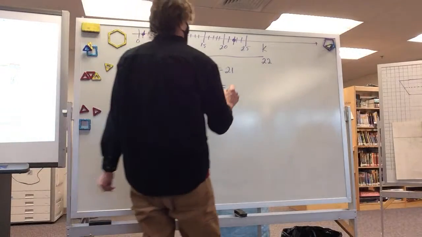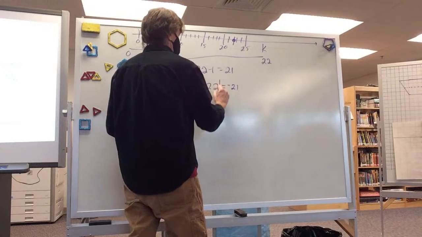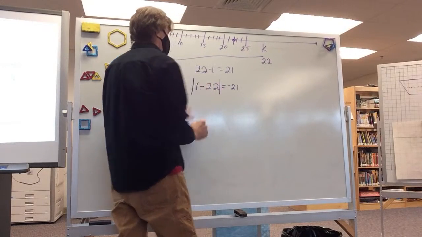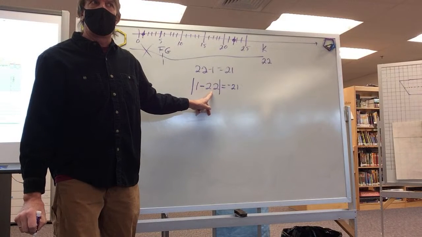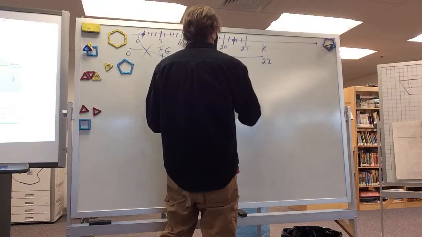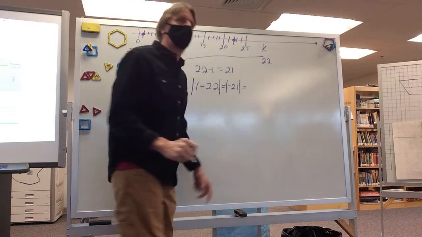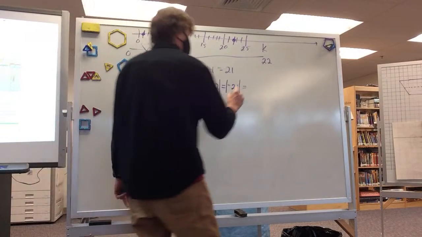Yes. So here's what we do. We say that the absolute value of 1 minus 22 is the absolute value of negative 21. What is the absolute value of negative 21? 21.